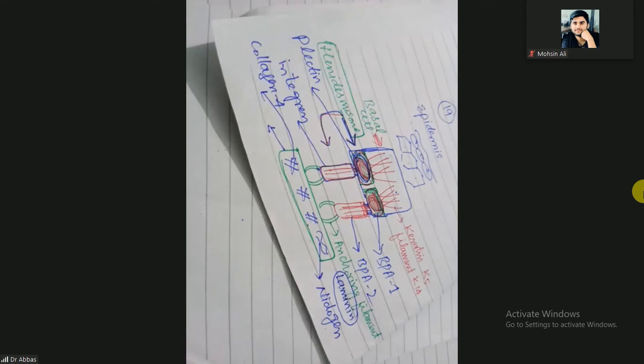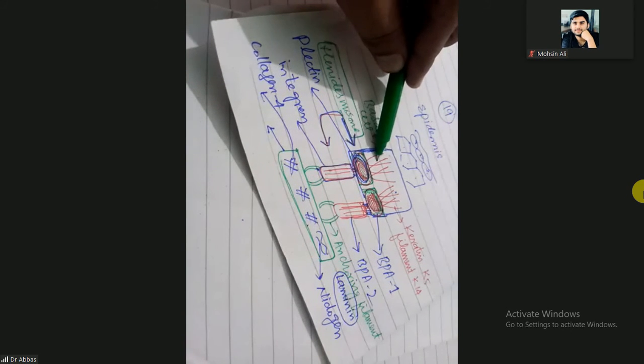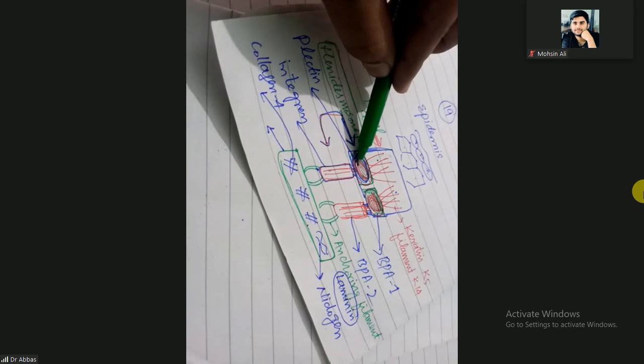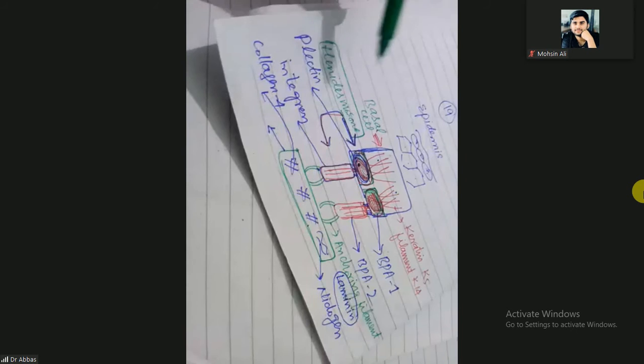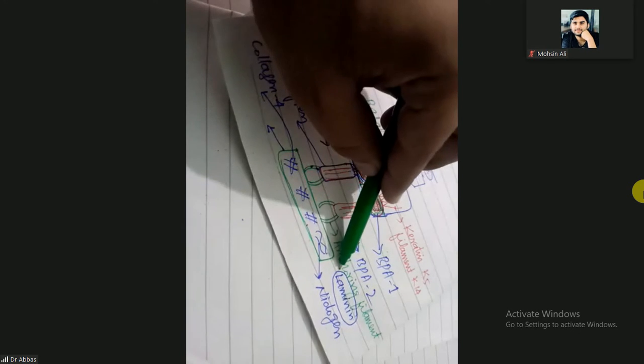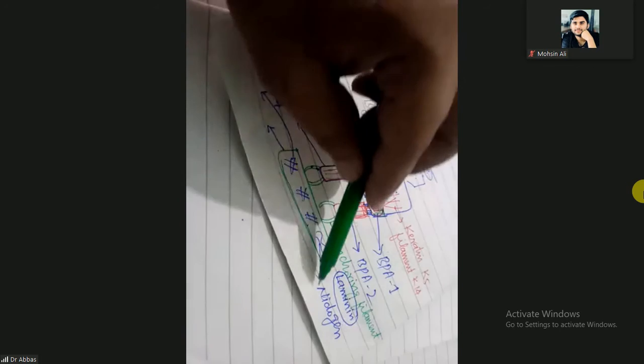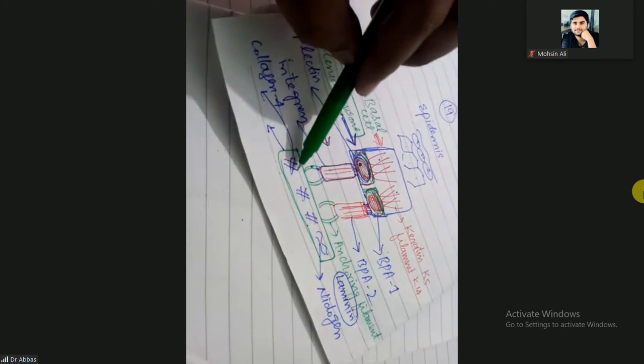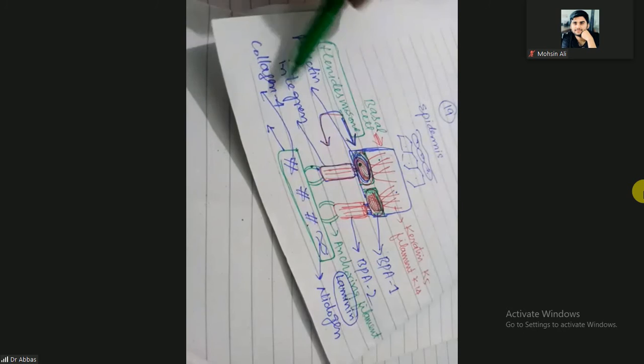So look at here: the basal cell is attached to the hemidesmosomes, which have BPA1, BPA2, plectin, integrin, and the anchoring filament that has the protein laminin, and it is also attached to the basement membrane. This basement membrane has the collagen 4 and the nidogen.